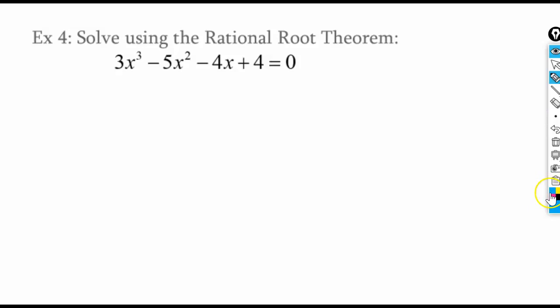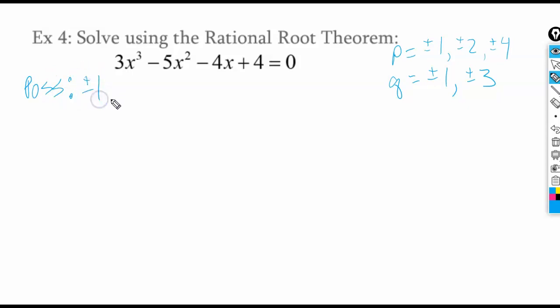So now I want to find my P and my Q. So P, let's see, factors of 4: 1, 2, and 4. And then factors of 3 would be 1 and 3. So now if I want to find my list of possibles, my possible rational roots, divide all of those by 1.